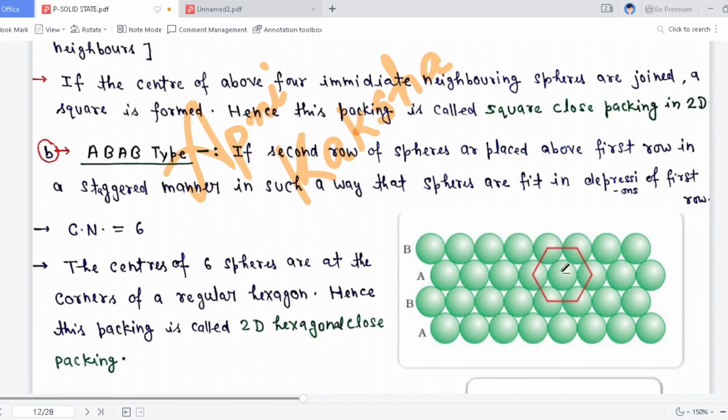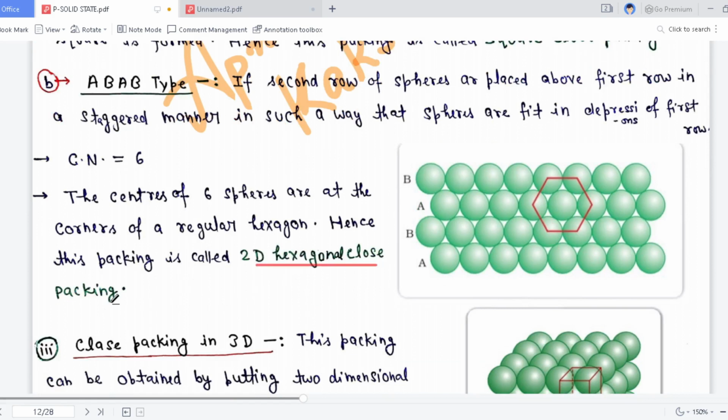So the coordination number would be 6, because there is 1, 2, 3, 4, 5 and 6. In short, that forms a hexagon. That is why it is also called 2D hexagonal close packing, and the coordination number is 6.